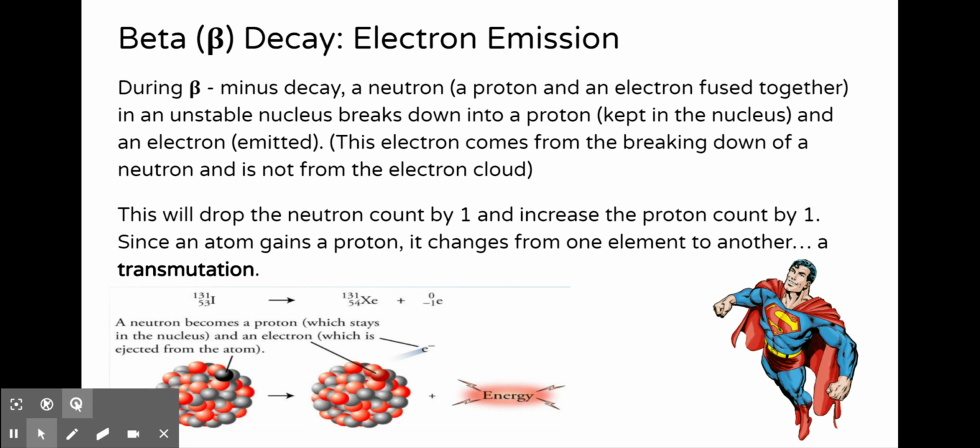Since an atom gains a proton, it changes from one element to another, a transmutation. Fun fact, krypton, which is our Earth version of kryptonite, is a beta electron emitter. So Superman will be affected by krypton or kryptonite's beta radiation.